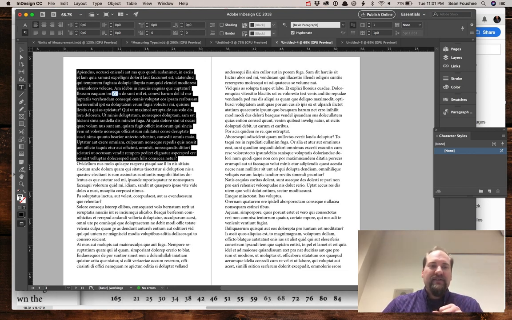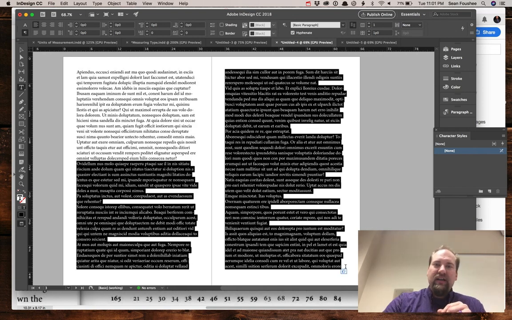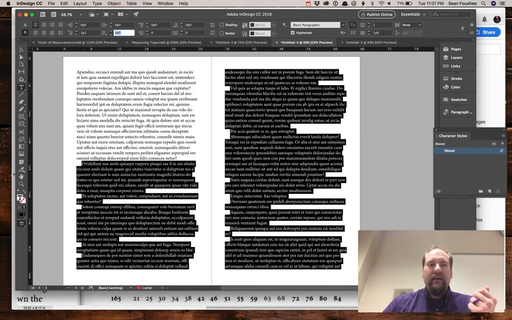What I would do instead is I would actually create an indent. I would indent the first line of every following paragraph. And in this case, I would usually indent it by the amount of leading. So if I have 14 points of leading, I would come up here where I have my first line indent and set my first line indent to the same amount of leading. It's what we call one lead.